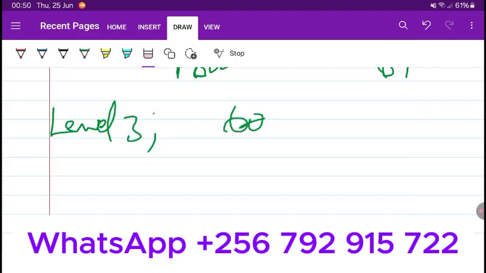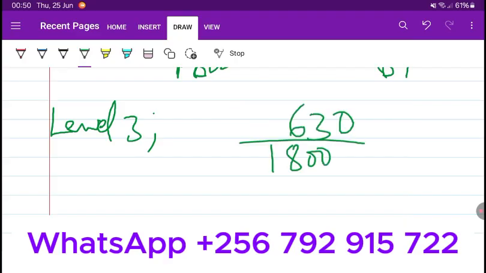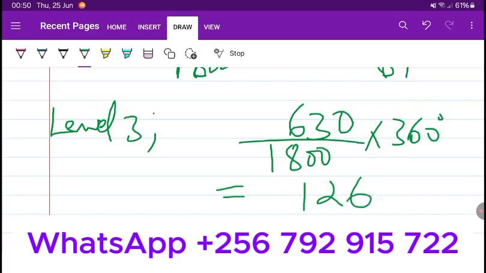So it is 630 divided by 1800 times the 360 degrees. That gives you 126 degrees. So once you add the degrees for all these 3 levels, they must give you 360 degrees.